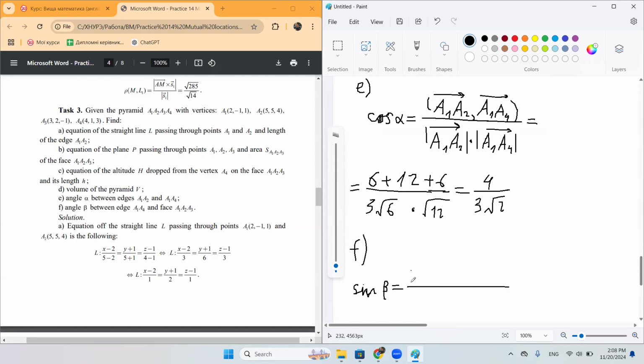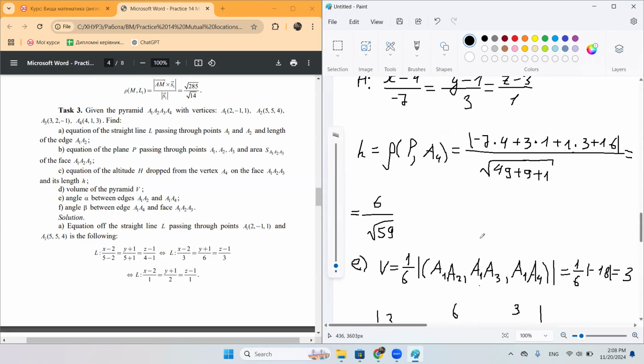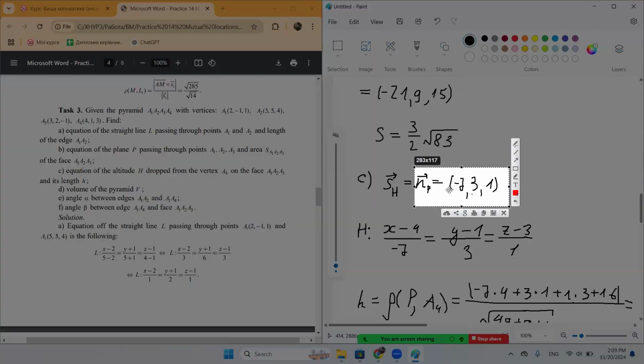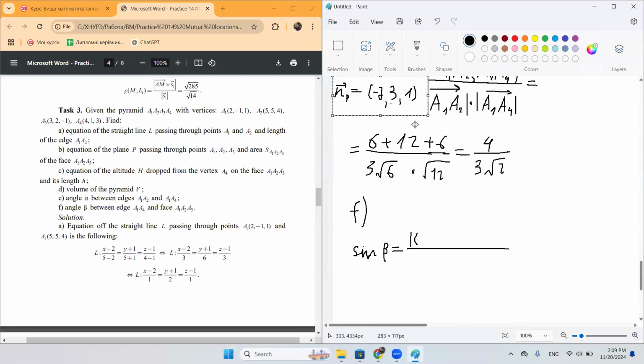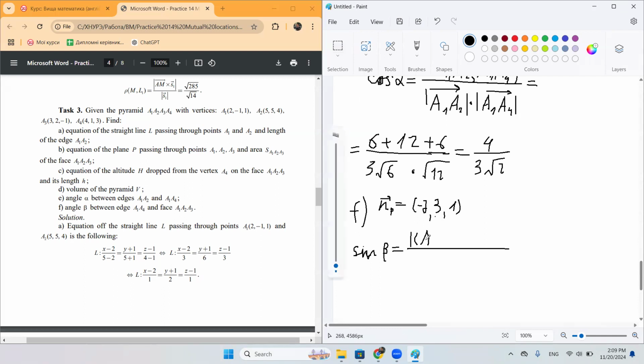So it's the magnitude of the scalar product of the normal vector of the plane, NP, and vector A1A4, and of course, their magnitudes.